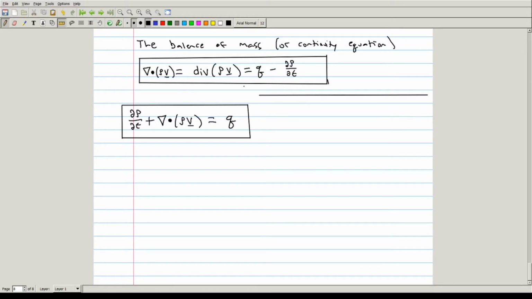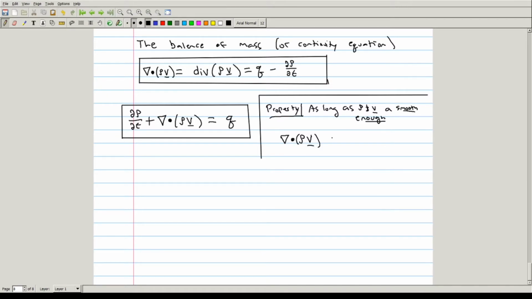I'm not going to go over all of the properties in detail, but one nice property is the divergence of rho v, and proving this isn't too bad. This is as long as rho and v are smooth enough functions, meaning enough of the derivatives are continuous.